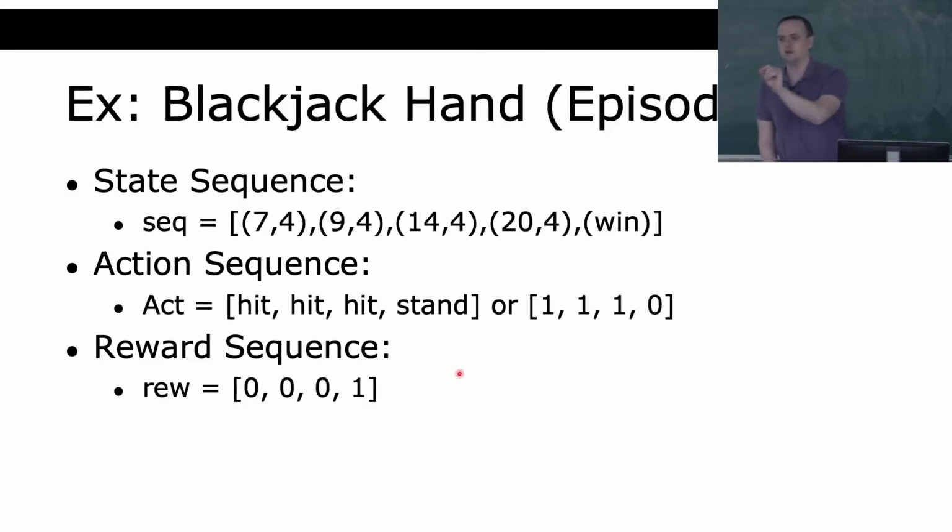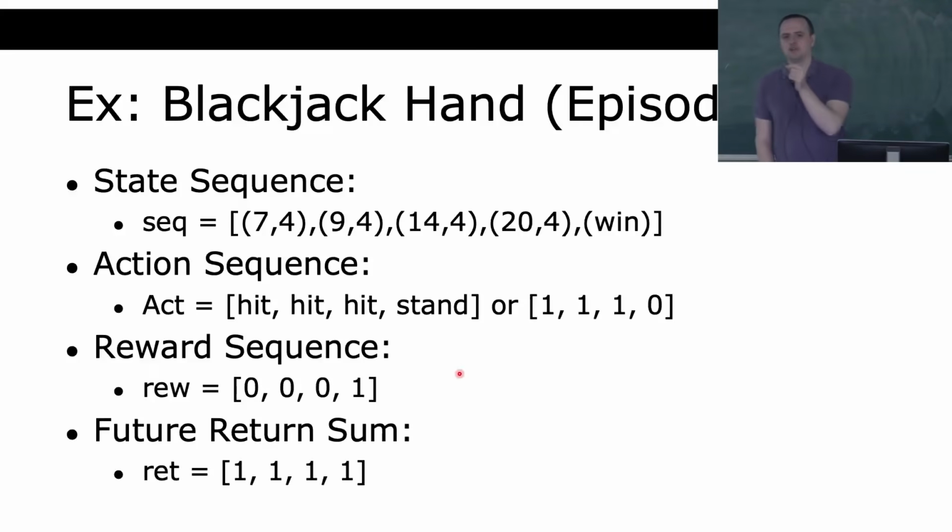But the important thing here is that the future return sum was 1 for everything. Why? Because if I calculate the return, which is the sum of future rewards, from the start to the end, the sum of 0, 0, 0, and 1 is 1. The sum of, for the second one, 0, 0, and 1 is 1. The sum of 0 and 1 is 1.